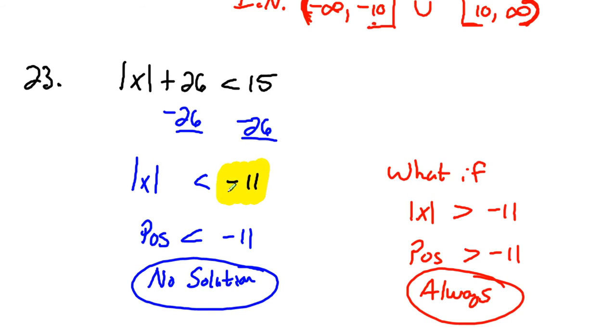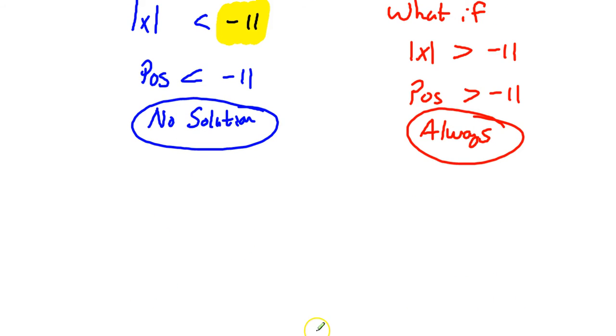With the less thans and the greater thans, it's still a trick question, but it's either always true or basically never true, and it just depends on the situation, what you're looking at. So if absolute value is a positive number, there's no way a positive number is going to be less than a negative number. So that'd be no solution if it's less than. If it was greater than, well, positive is always greater than a negative number, so that makes that one always true. So it's a trick question. You just have to think about what your situation would be when you get there.